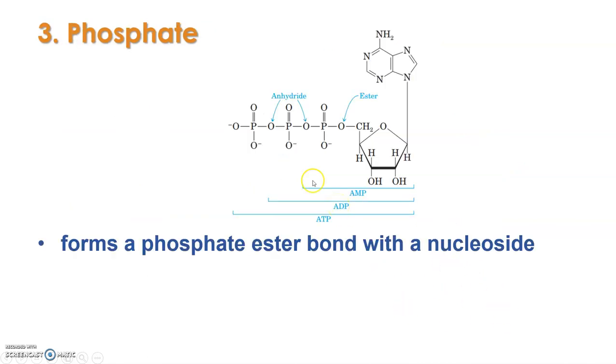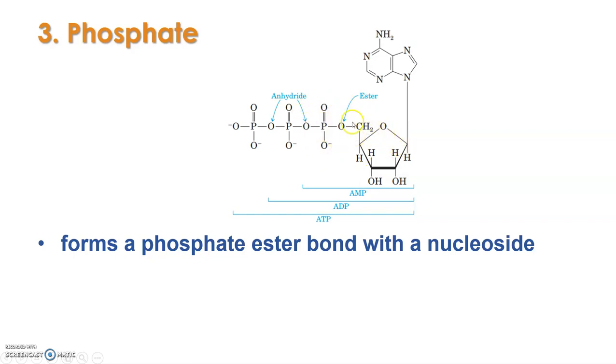Okay, and the last part of a nucleotide is the phosphate group. For example, you have your adenine and then your sugar, and then you have a phosphate group here on position 5 of that sugar.